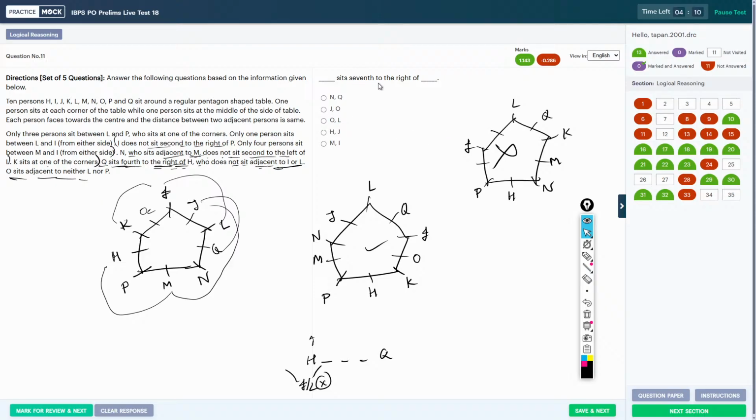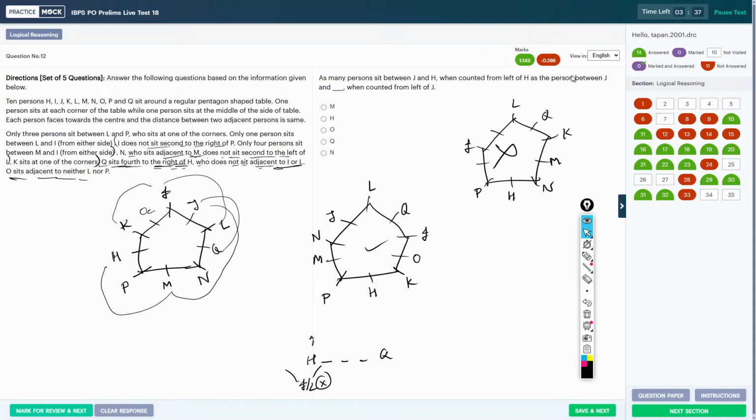Dash is seventh to the right of... 1, 2, 3, 4, 5, 6. L, H, J, no, M, I. How many persons sit between J and H when counted from left of H?